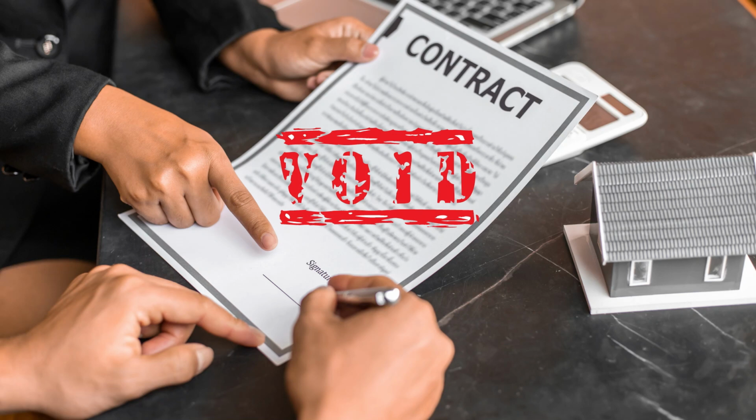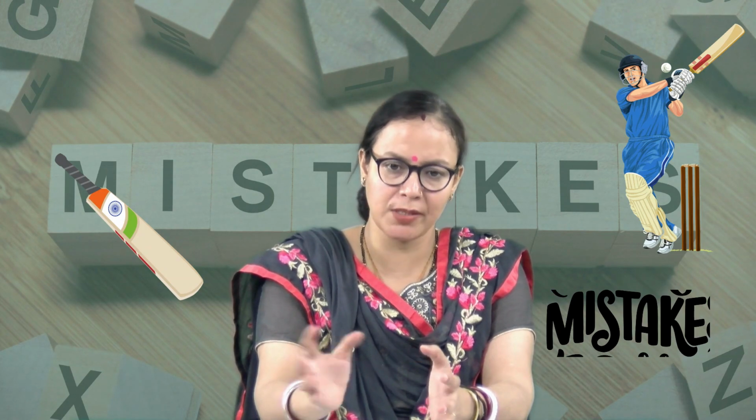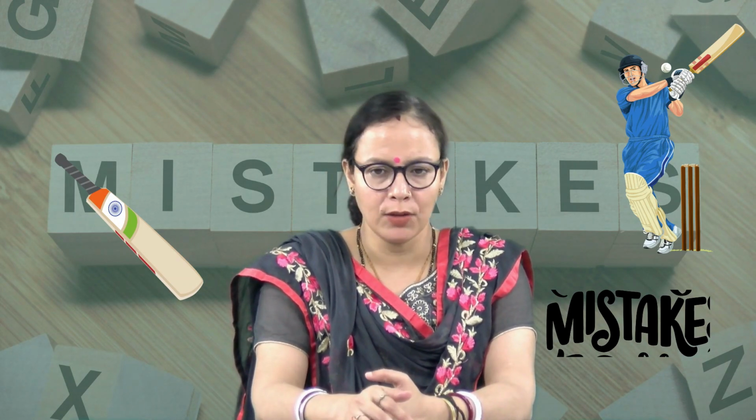So it means if you are thinking that this bat is sold by Dhoni, who is brand ambassador of a brand, then you are at mistake, and the party who is selling you that bat just by inducing, yes, it is sold by Dhoni.